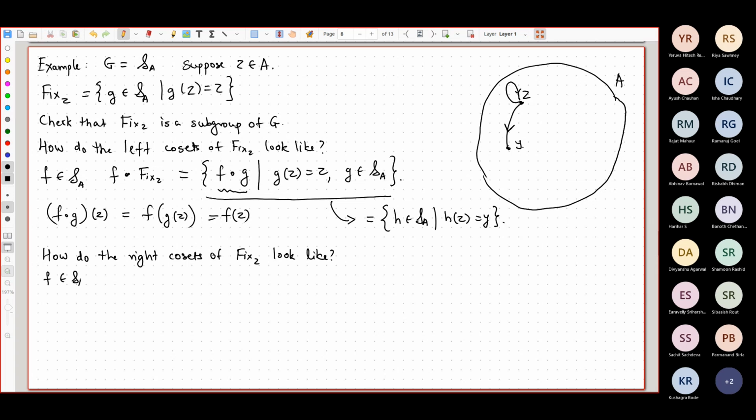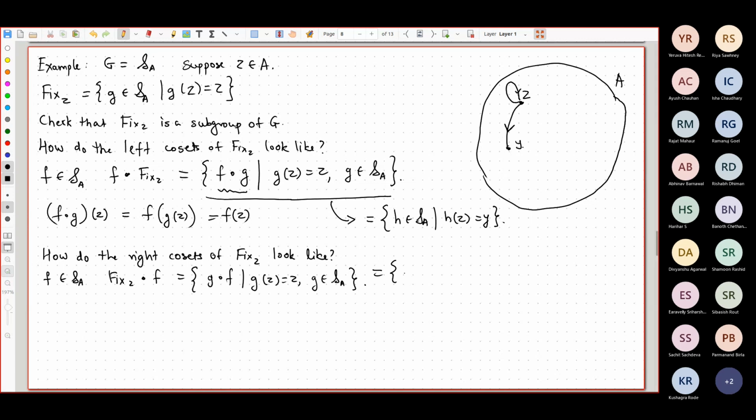Suppose F is in S_A, then fix Z composed with F is the set of all G composed with F such that G of Z is equal to Z and G is in S_A.